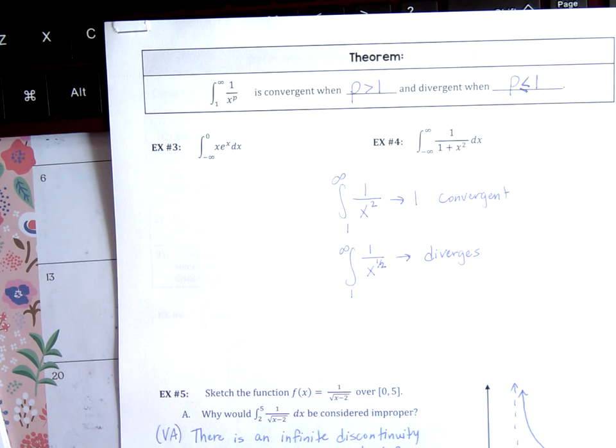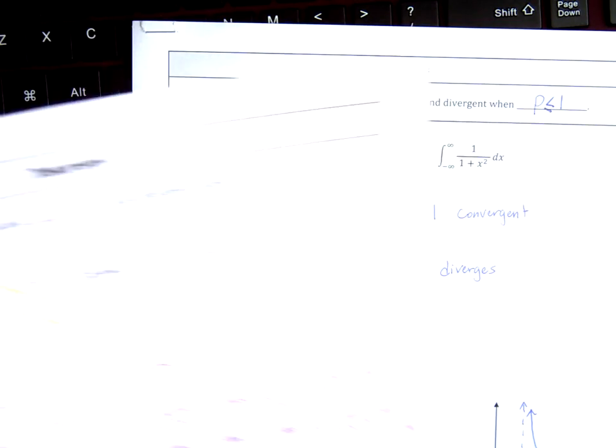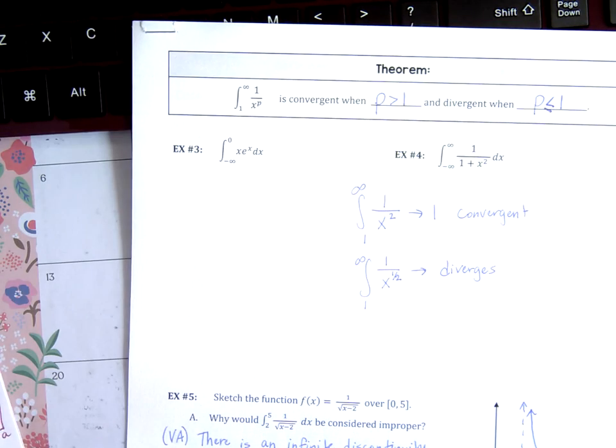All right, I believe that is where I want to stop. There are only examples 6 and 7 left. Now let me look for a second. I know for sure that you are able to do numbers 1 through 5.